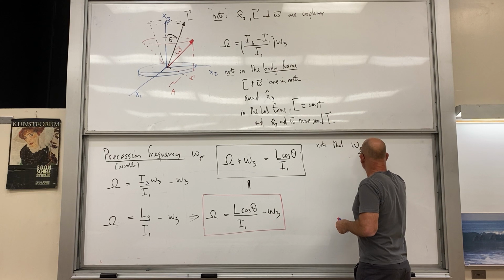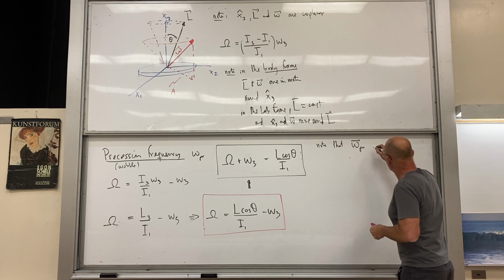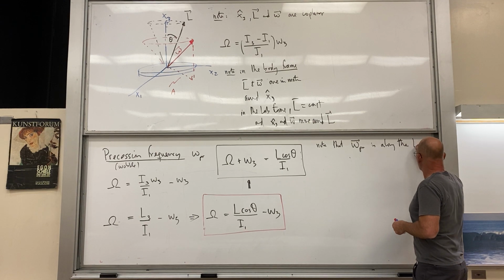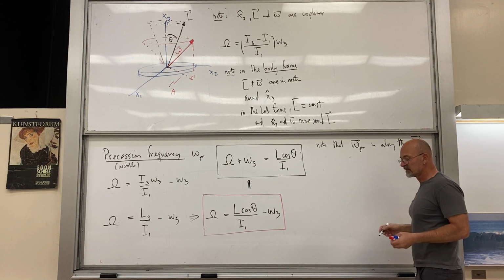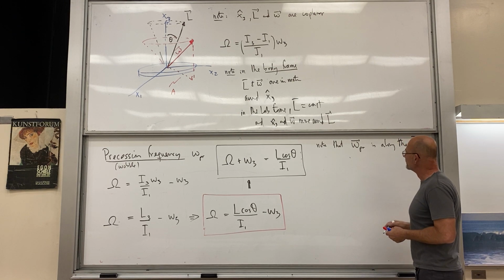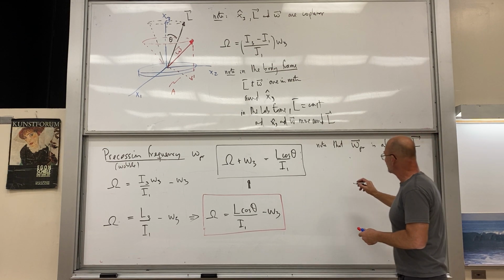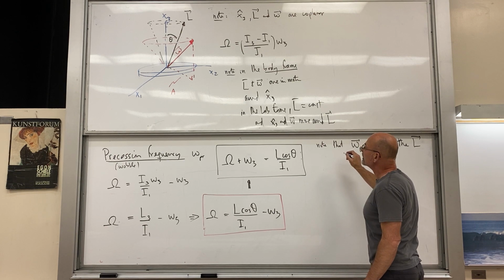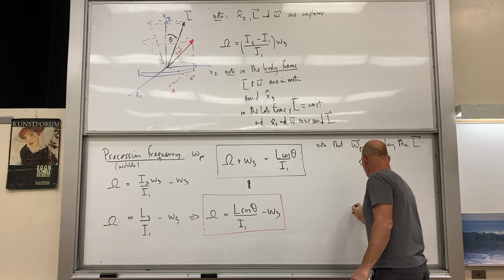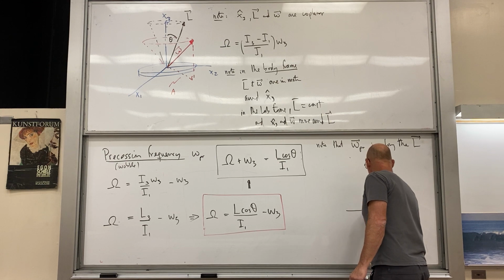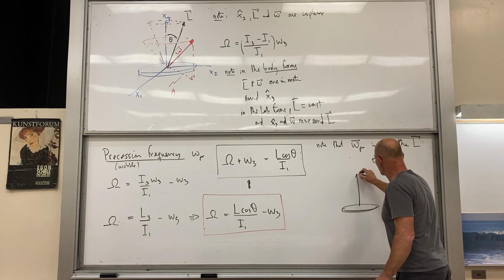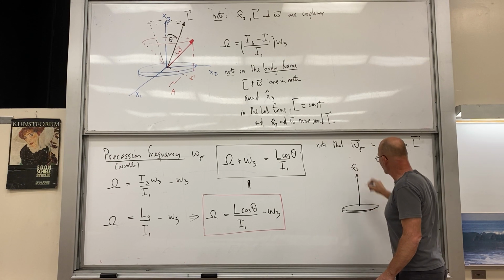Omega precession, the vector is along the L, along the angular momentum. Okay. So if I do another drawing like this, I'm just going to indicate the disk like this, okay, and we'll take our x3 hat axis there.